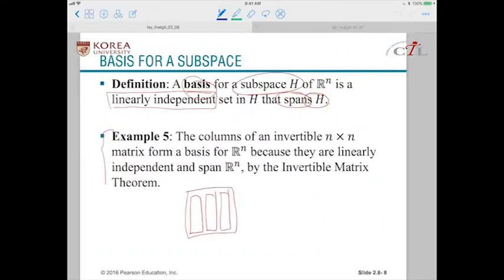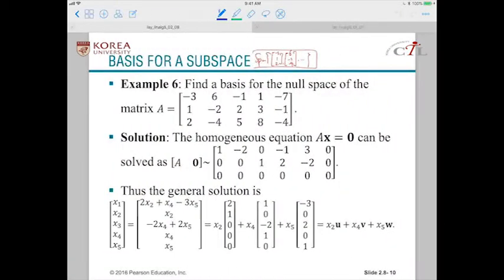Okay. Then let's look at some examples related to this column space and maybe null space. Given this matrix, the question is to find the basis, or set of vectors, of the null space of this given matrix. The null space is a subspace, and I mentioned that a subspace is always represented as the span of some vectors, right?